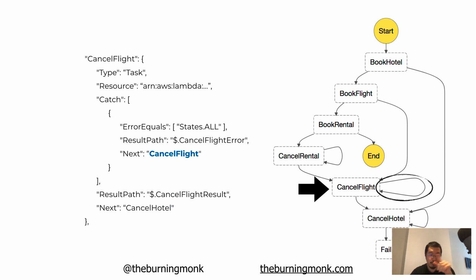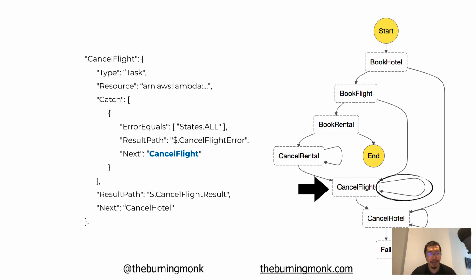And here we've got a self recursion, and this is because when we have a catch around the whole cancel flight state, if it fails for whatever reason, we want to just keep retrying until either it times out or we exceed the maximum number of retries. So in this case, I've got infinite recursion here to keep on checking if it fails.